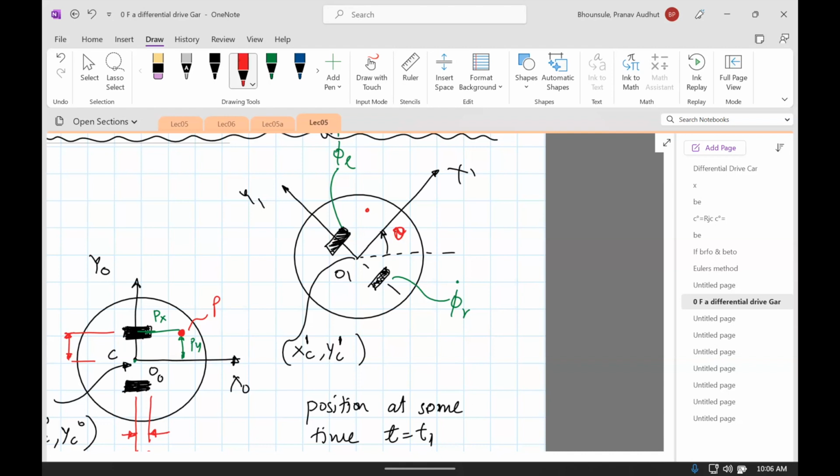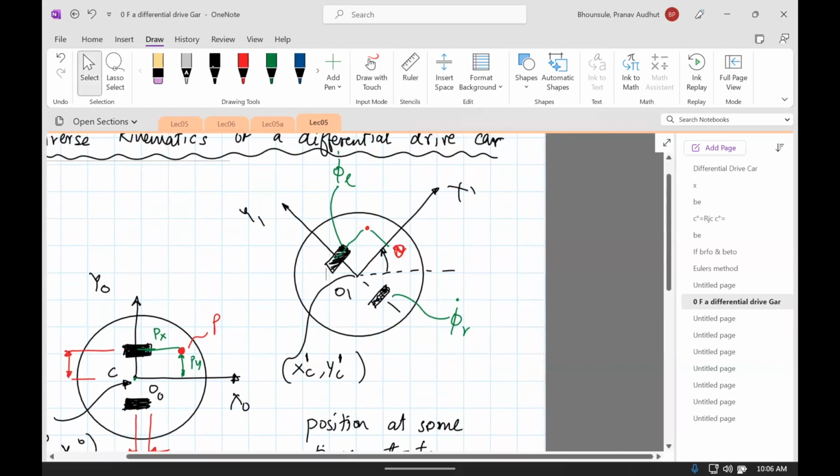Because that point is not going to change its location on the chassis. It's going to be the same Px, Py, but its location in the world frame will be different. So let me call this xp1. So this is point P.